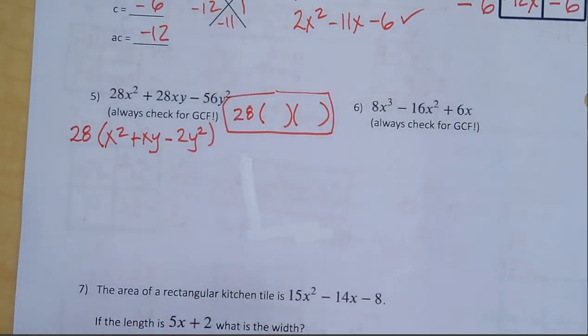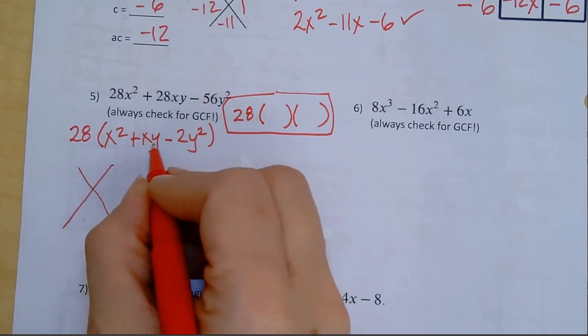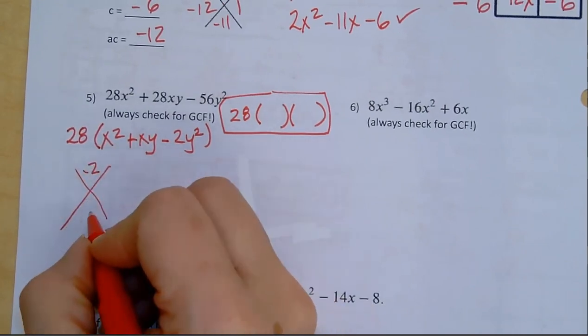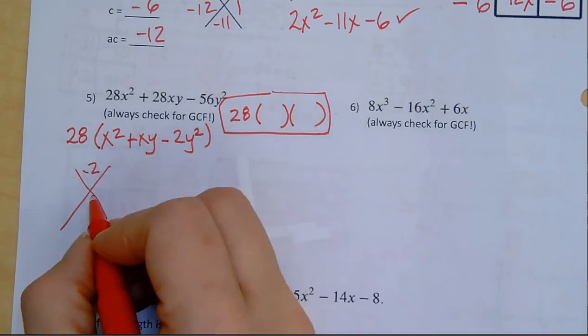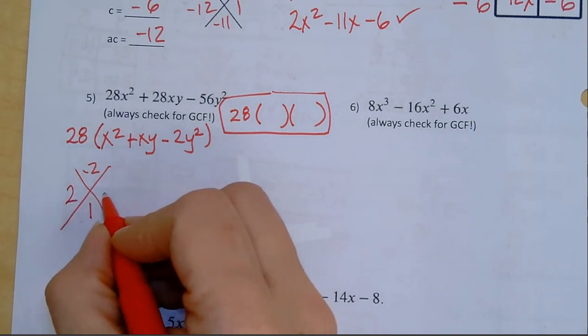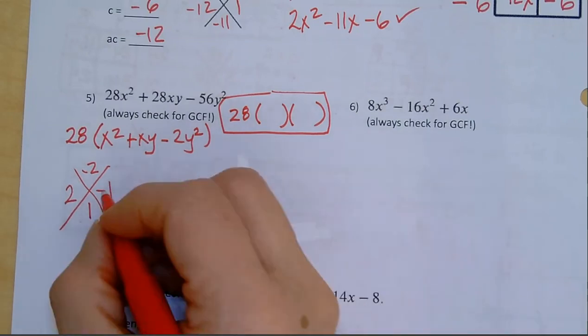Okay, so I know that I need two numbers that multiply to give me negative 2, but they have to add to give me 1. Okay, and so that's going to be 2 times negative 1, right? 2 times negative 1 is negative 2. 2 minus 1 is 1.